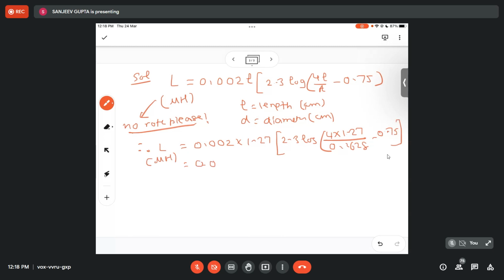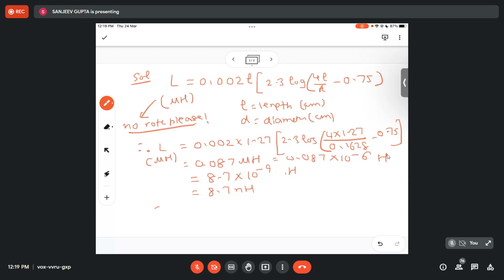So I got the value 0.087 microhenry. I convert this into nanohenry: 0.087 into 10 to the power minus 6 Henry, so it becomes 8.7 nanohenry, the significant value which we calculated.